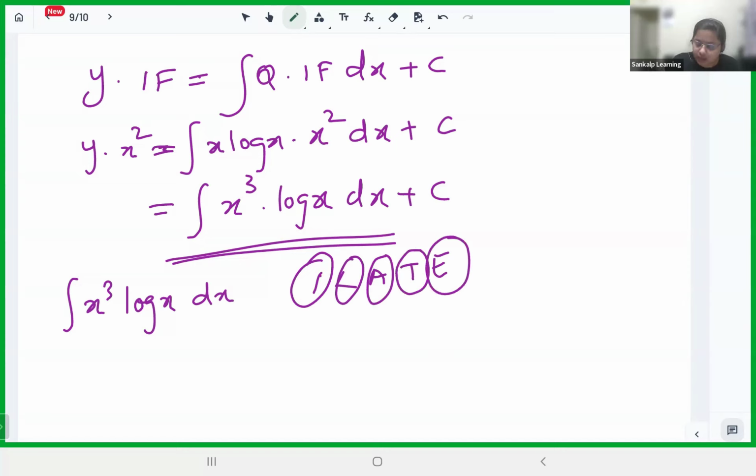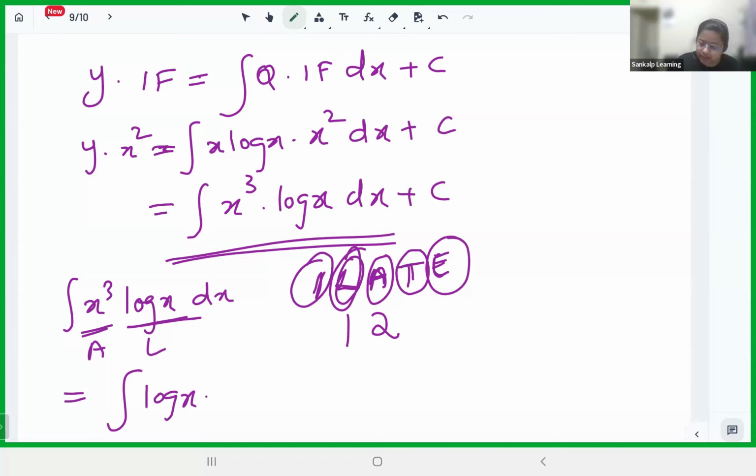So first priority for inverse, then log, then algebra, then trigonometry, then only comes exponential function. So here x cube is an algebraic function and log x is a log function. Is this following the order? First log x gets preference, then only the algebraic function. So we have to rearrange this as log x into x cube dx.